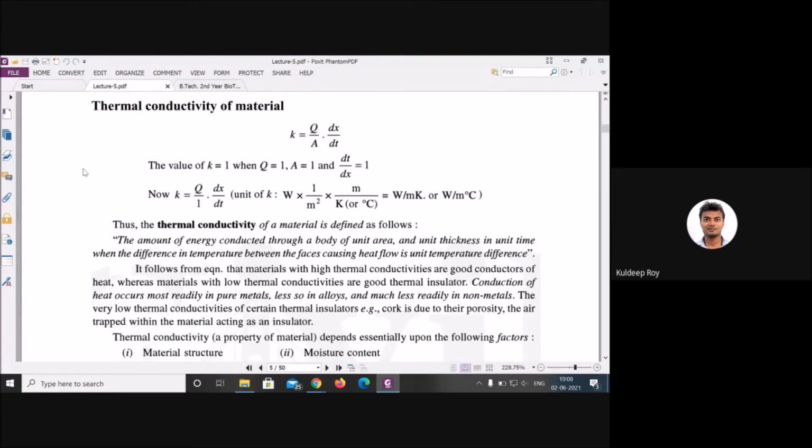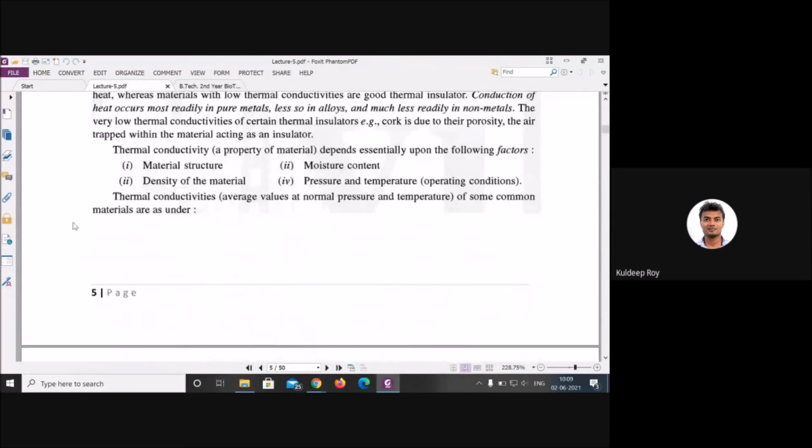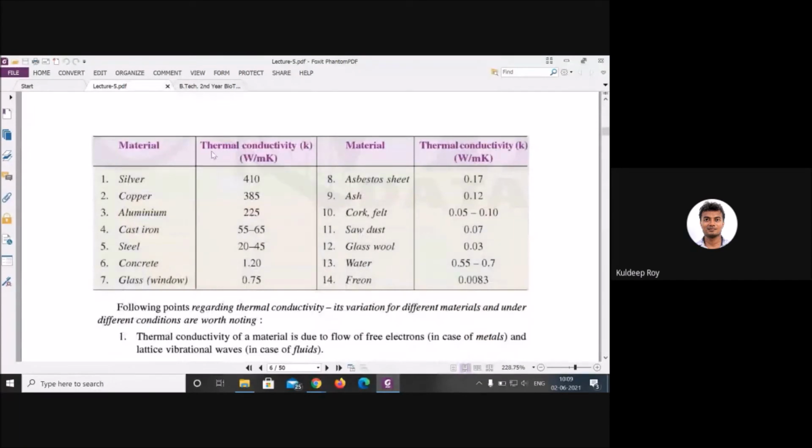A little bit more about thermal conductivity. This is the general formula, but how you predict it depends on your material property.